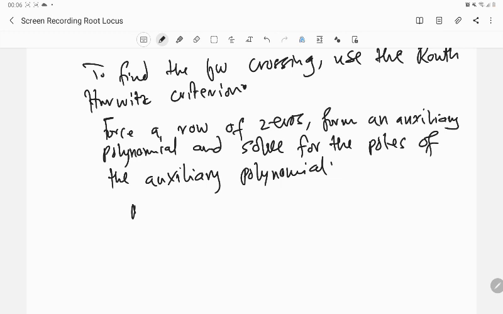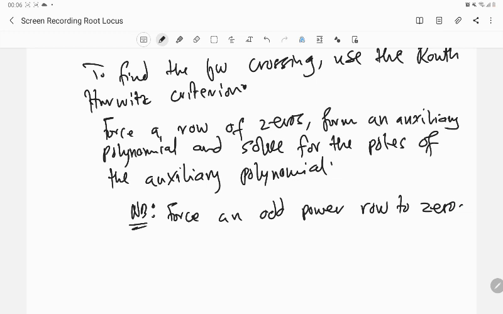Now note that in order for this to work, we have to force an odd power row to 0.